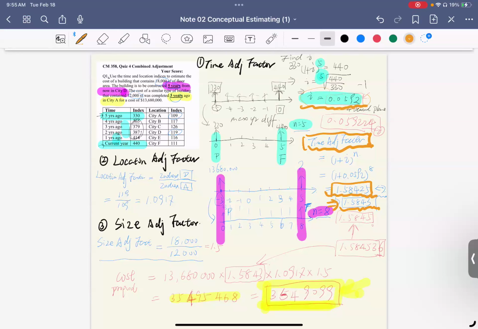No, this one, 3549099. Why am I missing a number? Oh, probably because I did not type in the 4. Okay, I got you. 3549098. So that's the number. Yeah, that's what I got. Yeah, that's correct.